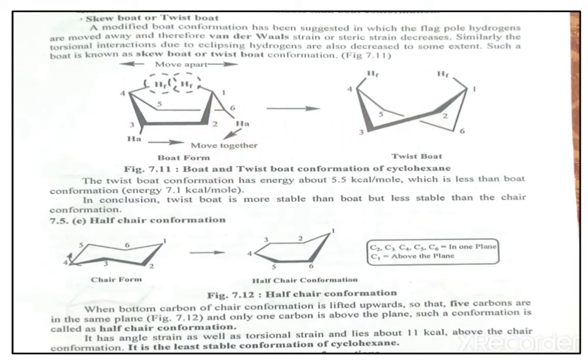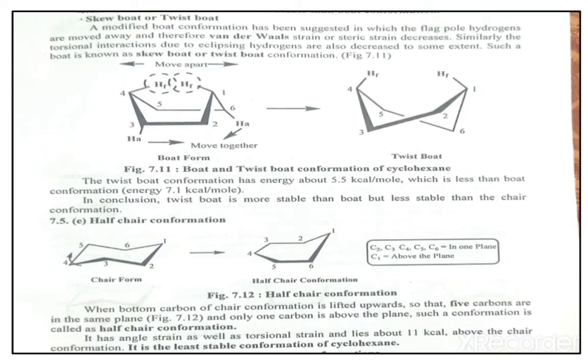Now a modified boat conformation has been suggested in which the flagpole hydrogens move away, and therefore the van der Waals strain or the steric strain decreases. That means in the boat form these flagpole hydrogens come close, while in the twist boat they are away from each other, therefore the van der Waals strain or steric strain decreases.